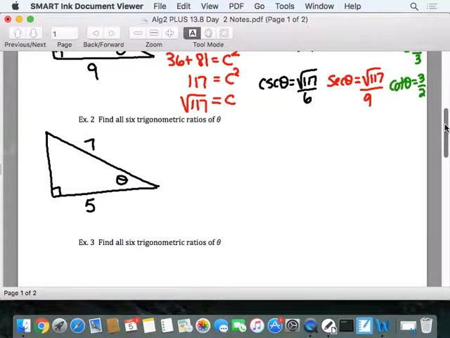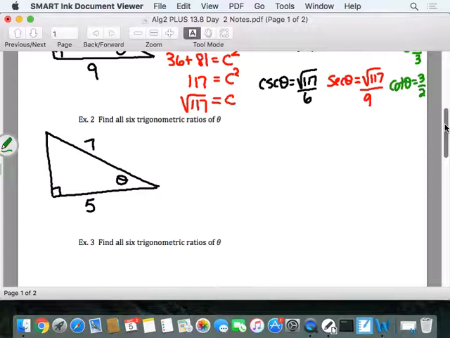If you're feeling confident, copy the triangle down and pause the video and try to find the missing side with Pythagorean theorem. If you're very confident, go through and find all 6 trig ratios of theta.